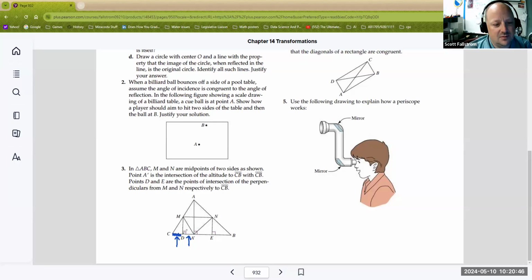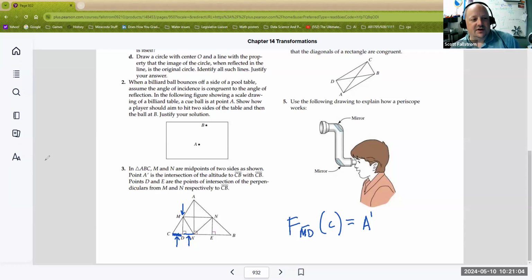So this segment has to be the same as that segment, which means if I reflect over MD, and I take point C and reflect it over MD, I have to get point A prime. There is no other place for it to go.